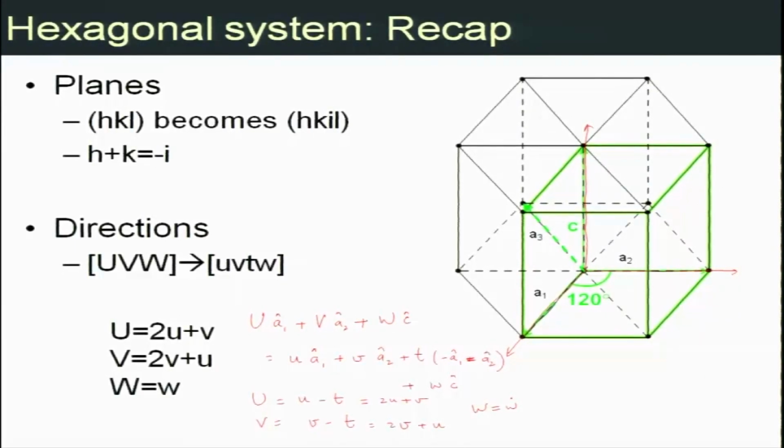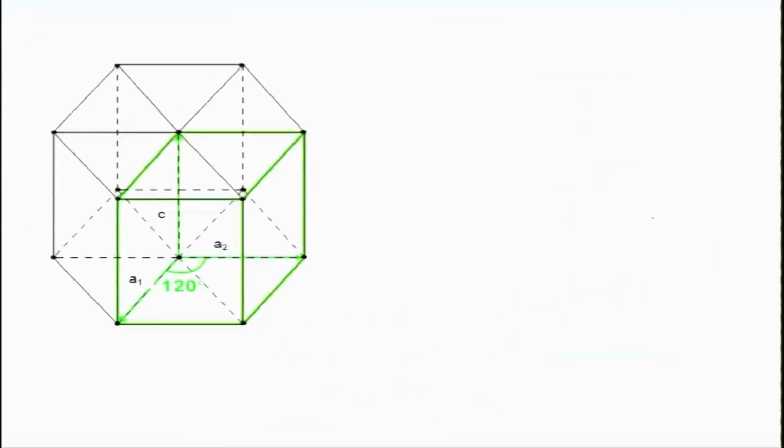Okay. So what I was coming to is that in the hexagonal system you have this plane, let us say A, B, C, D, and you have another plane, let us say E, A, C, F. These two are equivalent planes, right.